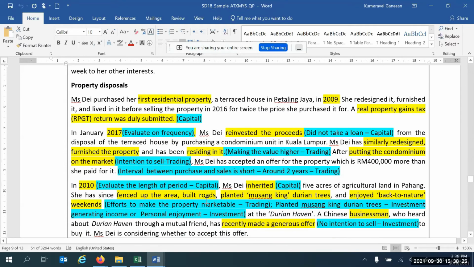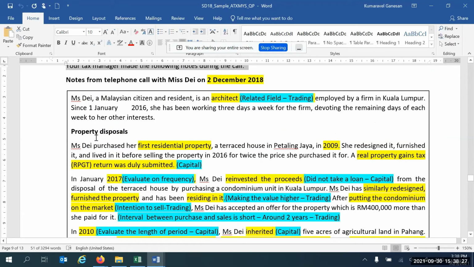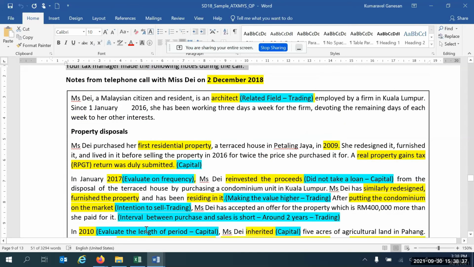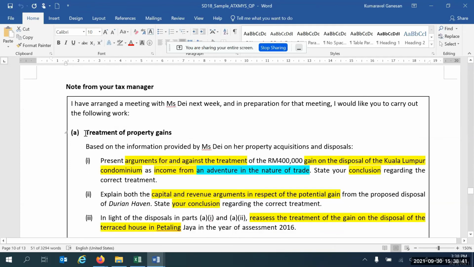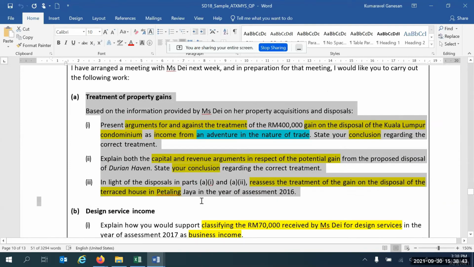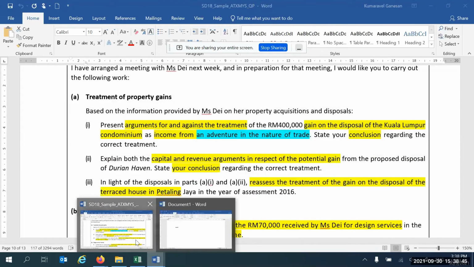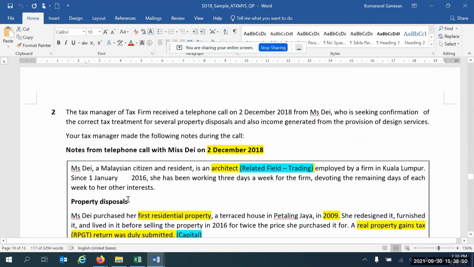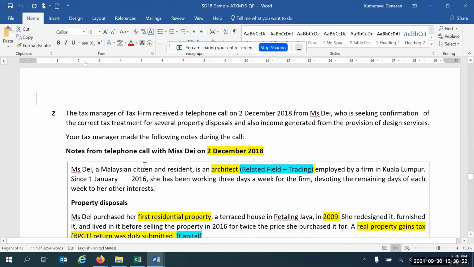But if you are worried, then you read until property disposals. You see, they are actually very kind, but students don't see the clue. Property disposals relate to treatment of property gains. And it will follow the order because they know students are time pressured.